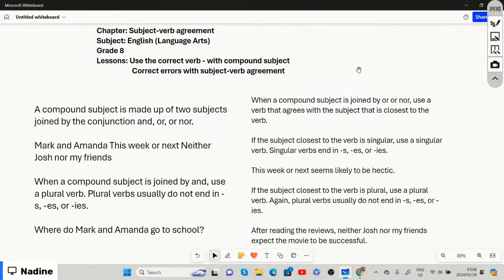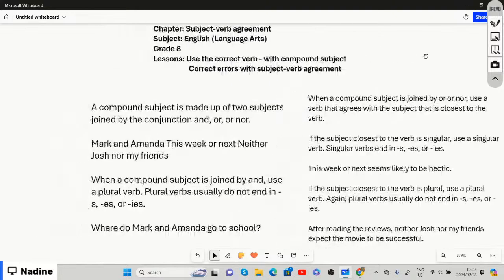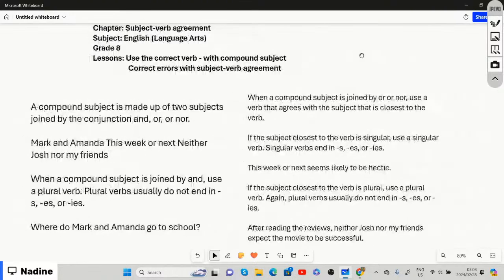All right. So when it comes to subject verb agreement, a compound subject is made up of two subjects joined by a conjunction.